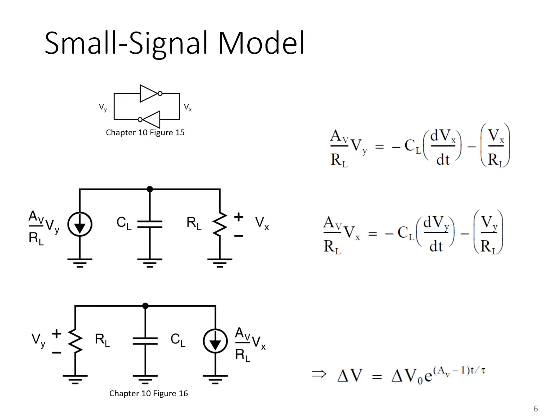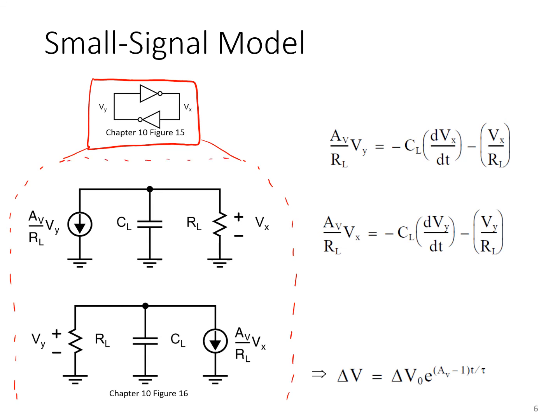So to understand the exponential growth during the regeneration phase of a dynamic comparator, we can take this positive feedback loop formed by back-to-back inverters and come up with a small signal model for it. In this small signal model, we model each inverter as a transconductance, because we know that if we've got the inverters biased so that both transistors are in active mode, then we'll see both of their gms drawing a current away from the output of the inverter.